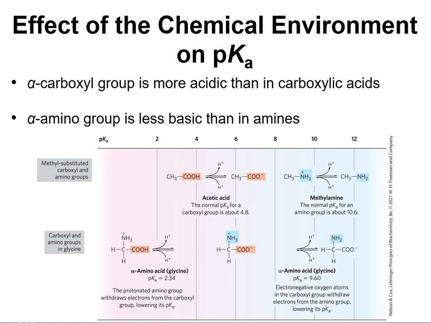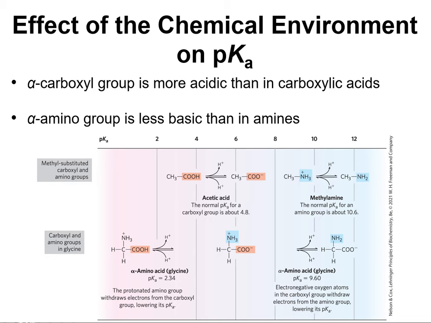So the pKa's for the carboxyl group and the amino group on an amino acid are different from a carboxyl group on its own and amino groups on their own. The normal pKa for a carboxyl group is about 4.8, but it's lowered in this case because the amino group withdraws electrons from the carboxyl group, and that lowers its pKa.